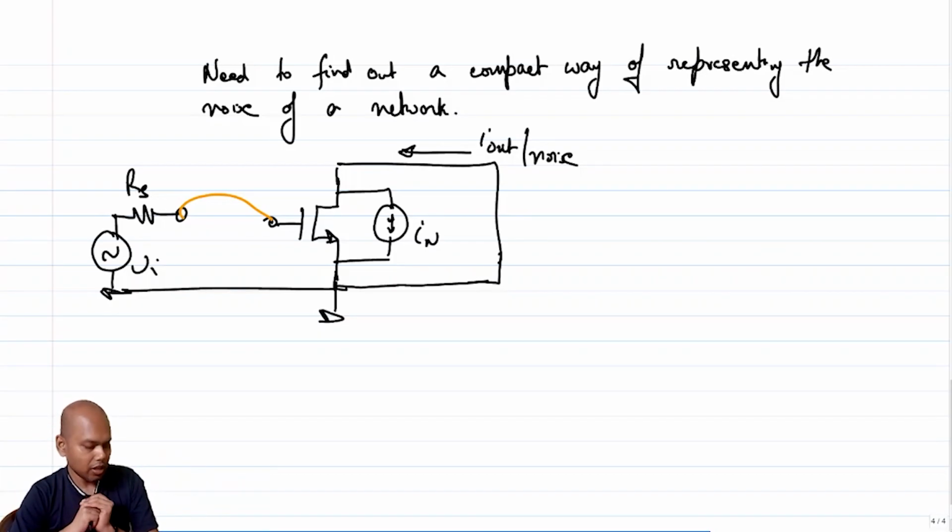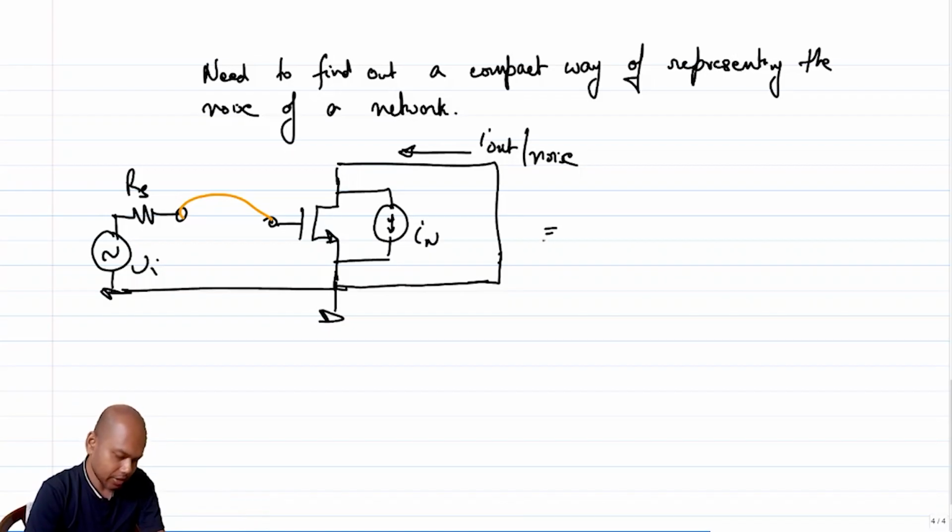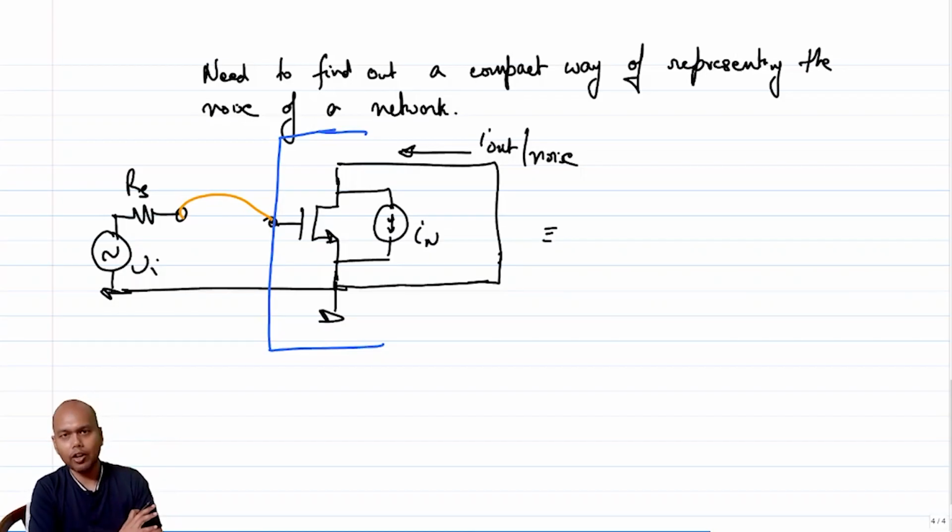Okay, so by the way, this is the network boundary, right? I cannot touch Vi or Rs.